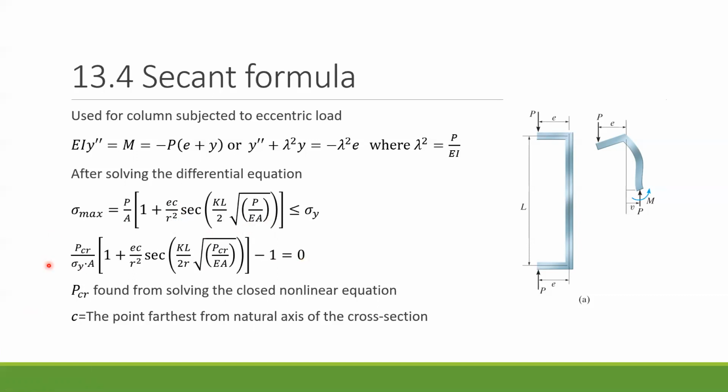The second difficulty is that we cannot take P critical out to one side because the equation is non-linear, not a closed-form equation. Therefore, to find this P critical, we can use numerical computing techniques such as Newton-Raphson and bisection methods.